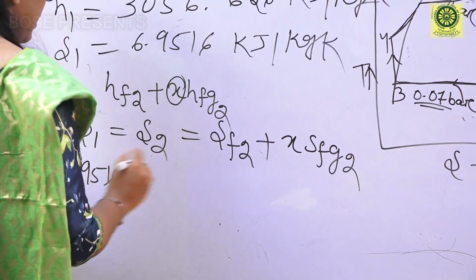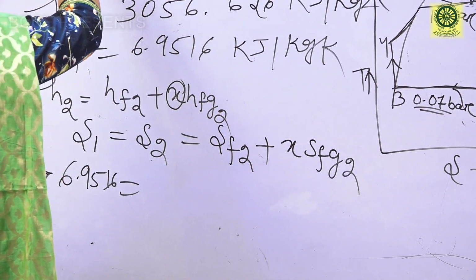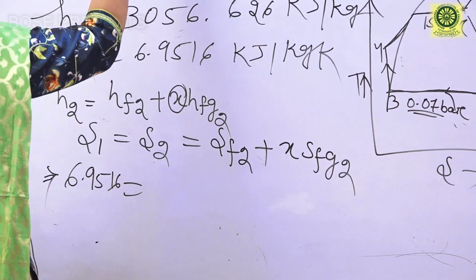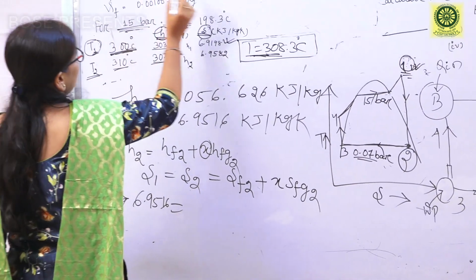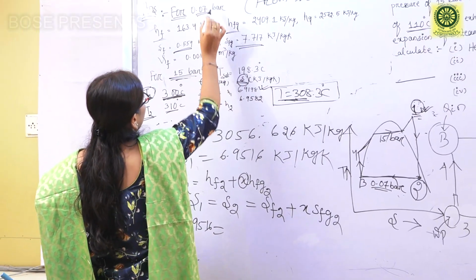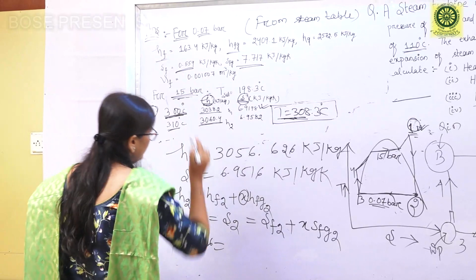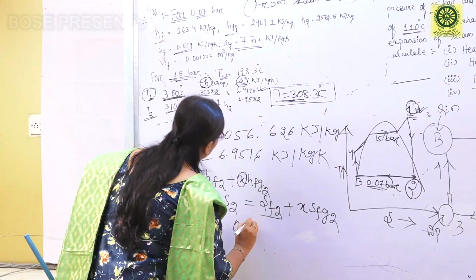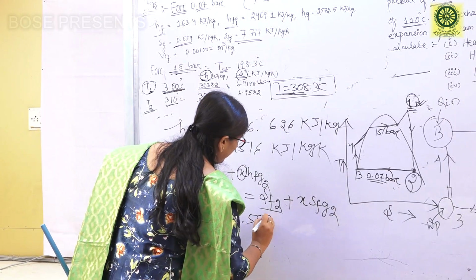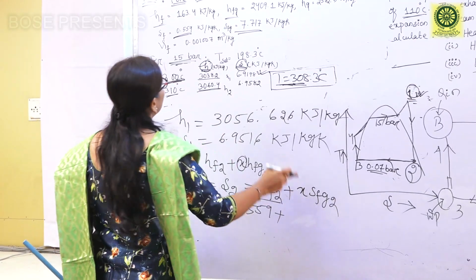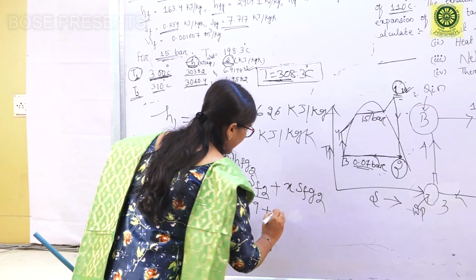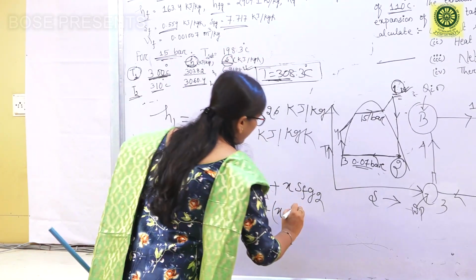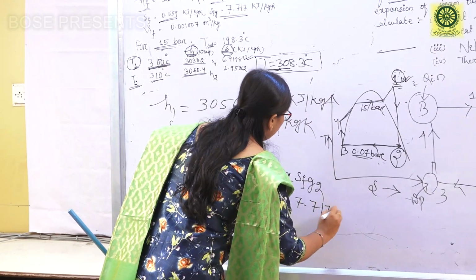S1 is how much? 6.9516. SF2 is how much? See here, for 0.07 bar I have already written down the values from the steam table. See, this is your SF, SFG for 0.07 bar. So put these values: SF2 is 0.559 plus X, which I have to find out, into SFG, which is 7.717.